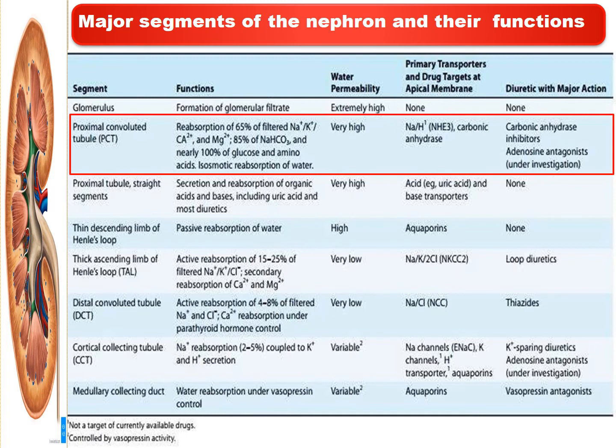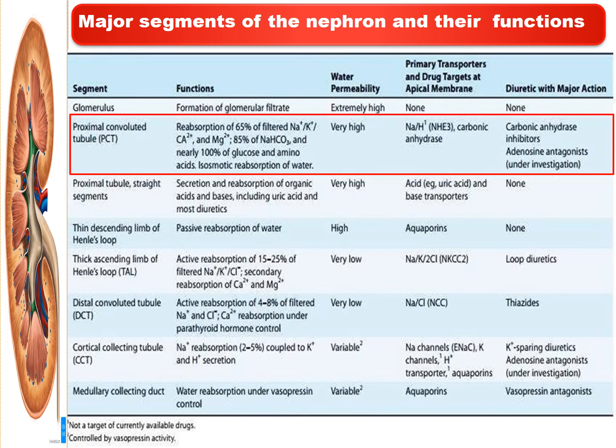This first segment is the proximal convoluted tubule. The function of this is the reabsorption of 65% of filtered sodium, potassium, calcium and magnesium.